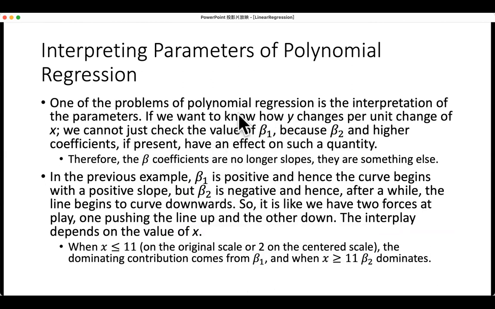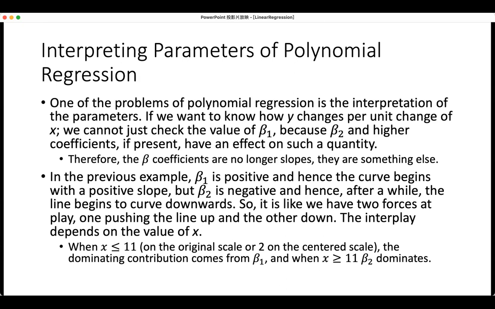And notice that beta 1, beta 2 now cannot be explained as in a simple linear regression, because remember, in simple linear regression we say beta 1 is the number of units of y that will change when you add 1 unit of x.